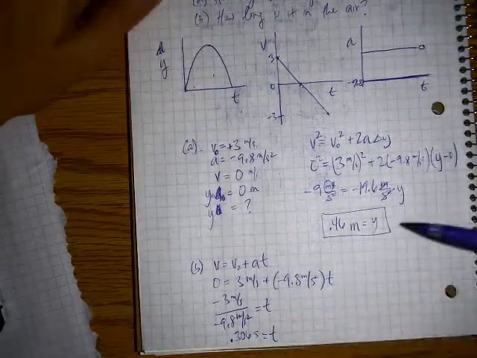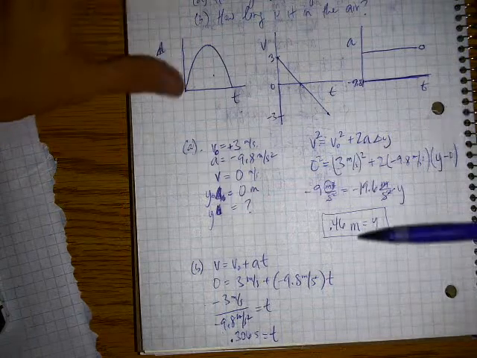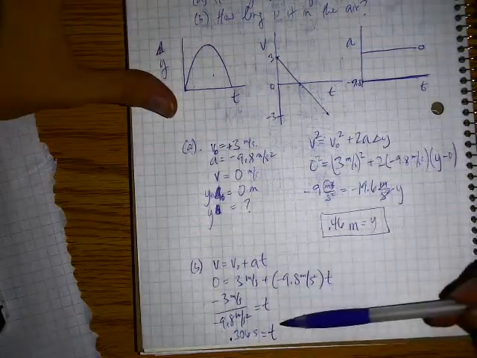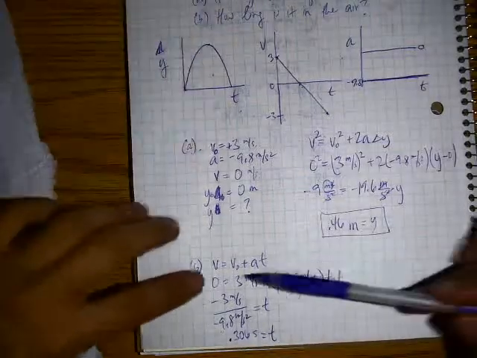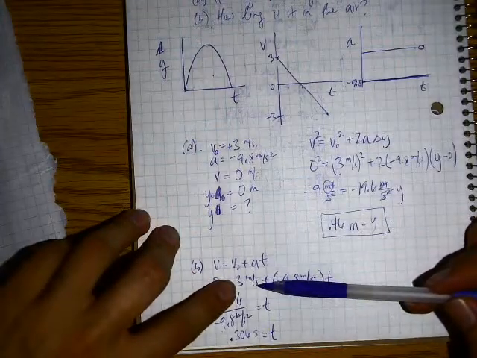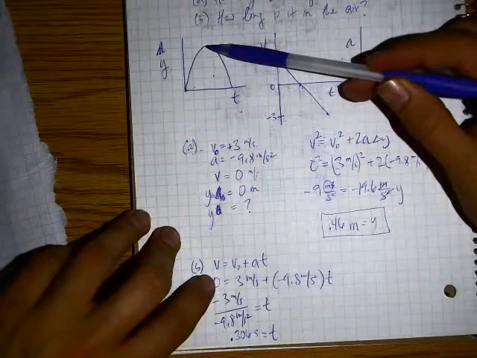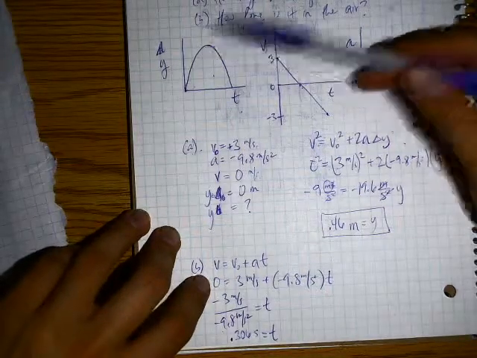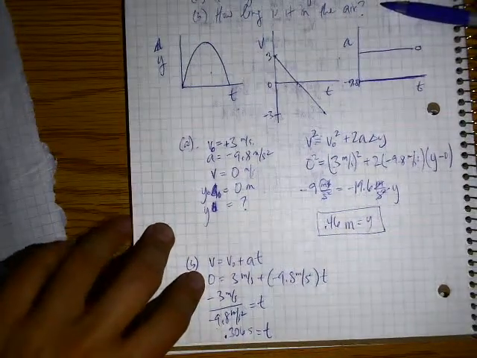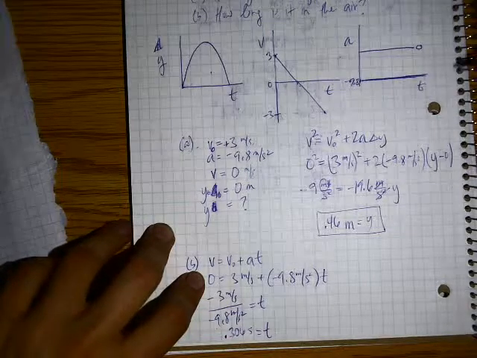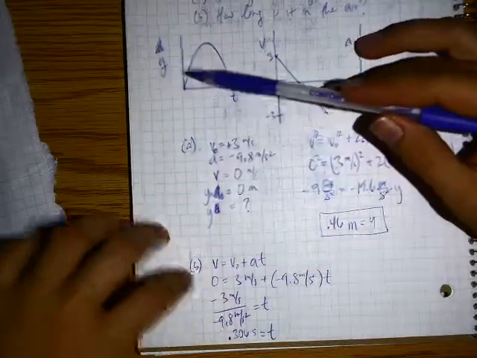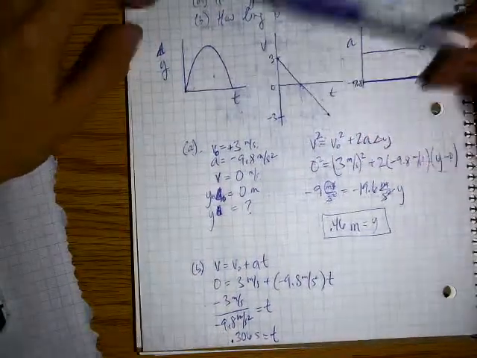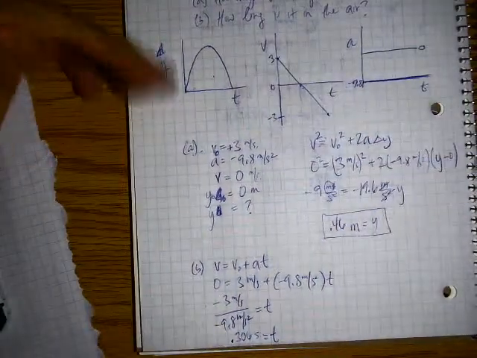Alright, so now you're probably already thinking that this is the time it takes from when you first threw it to the time it takes to get to the top. The question is, how long was it in the air? Alright, and so this is where we're going to exploit the symmetry again. This motion especially, since it's starting at the ground and ending at the ground, it is symmetric.